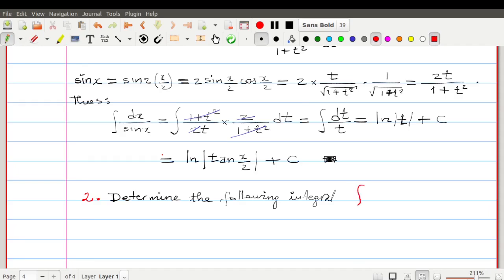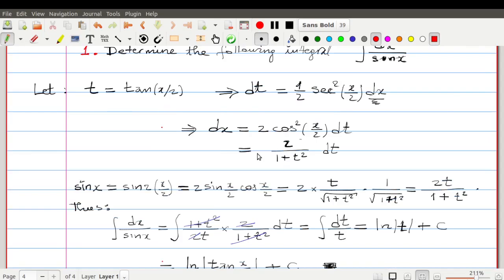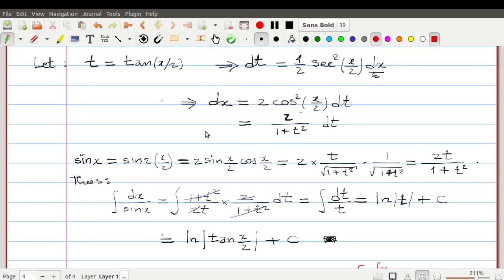The integral of dx by cosine x. You see that it will be similar, right? We have already done this, so we are going to use the same t and dx.